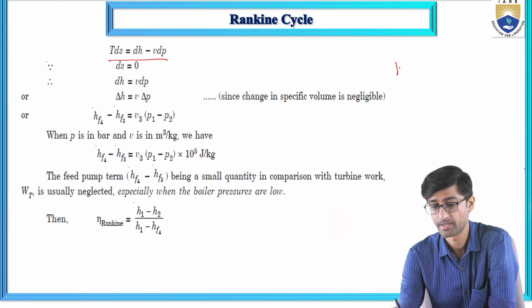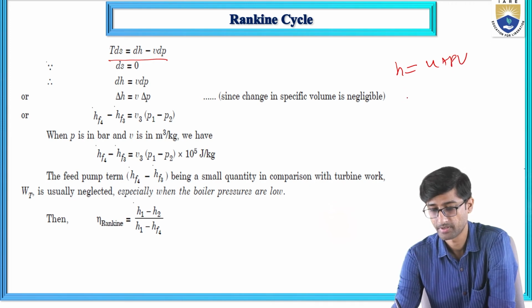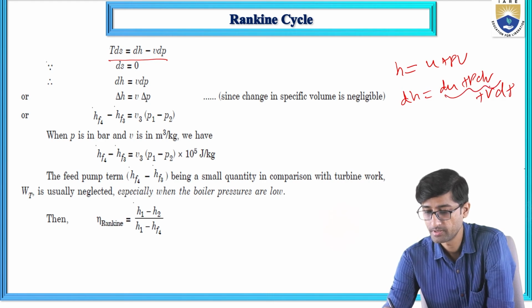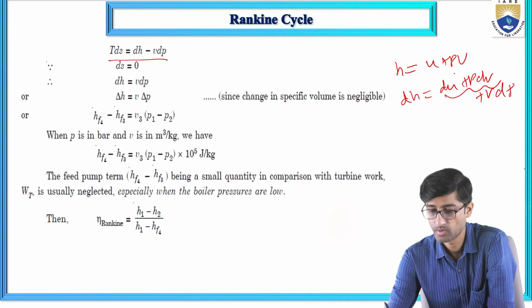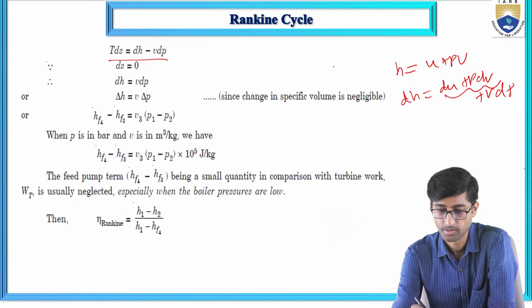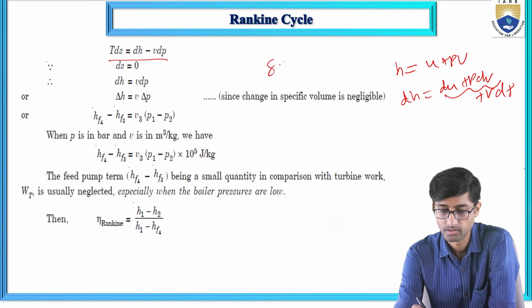We know the specific enthalpy H is U plus PV. If you differentiate, dH is equal to dU plus PdV plus VdP. Now, what is dU plus PdV? Your first law of thermodynamics says heat transfer minus work transfer is equal to dU.